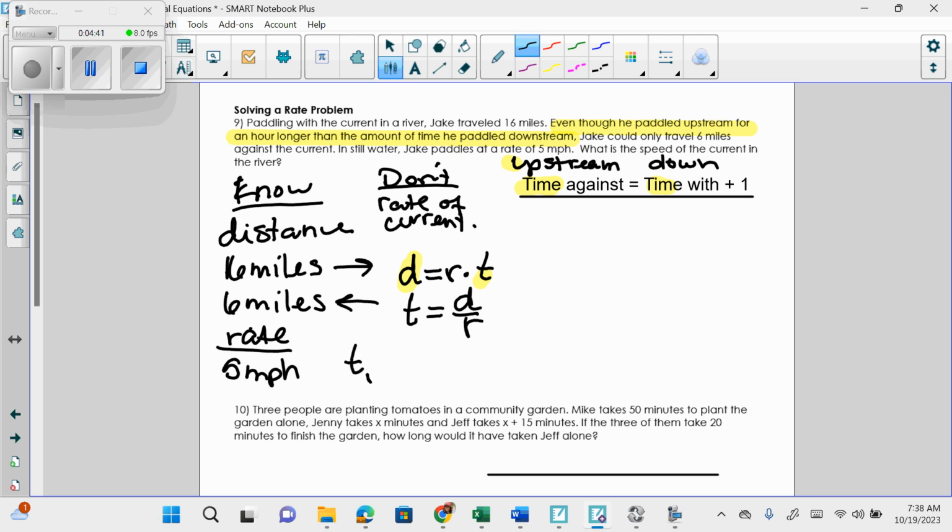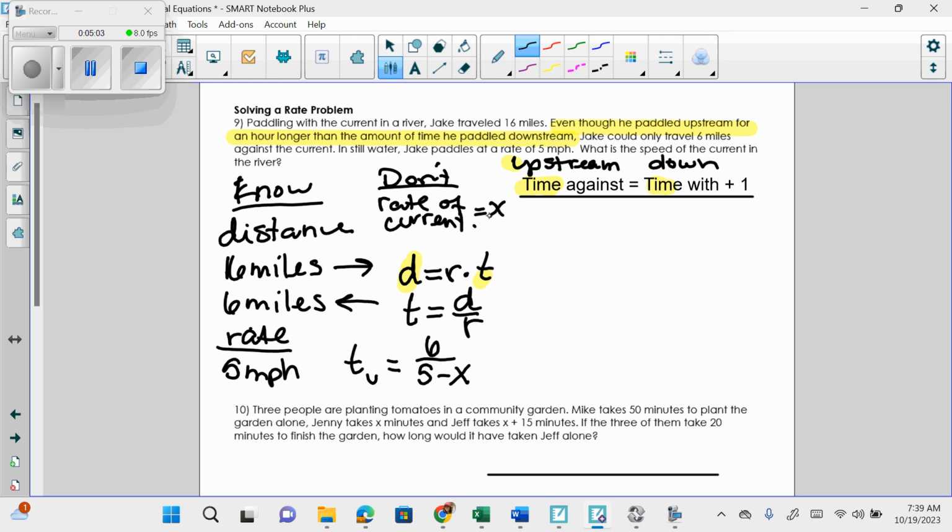I'll use u for upstream. The distance that we traveled upstream, against the current, was 6 miles. And the rate would be 5 minus x. We're going to let x be the rate of the current.